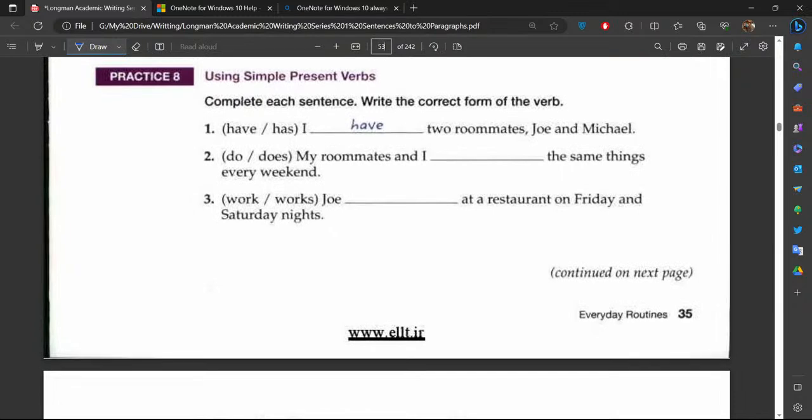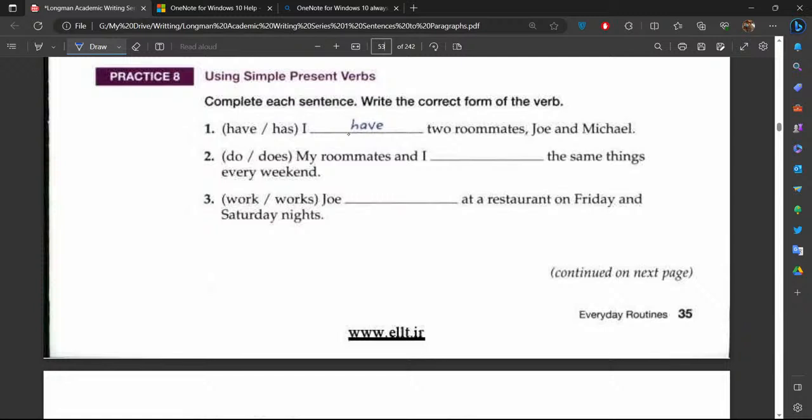Practice 8, using simple present verbs. Now in the practices using these simple present verbs, complete each sentence, write the correct form of the verb.